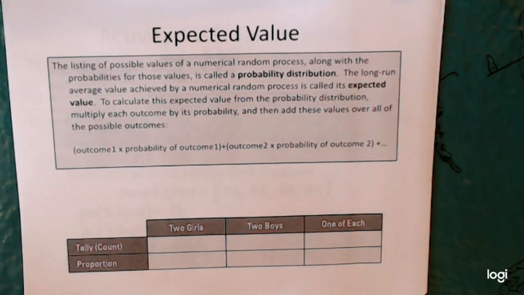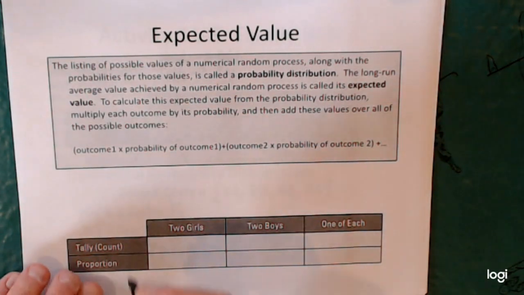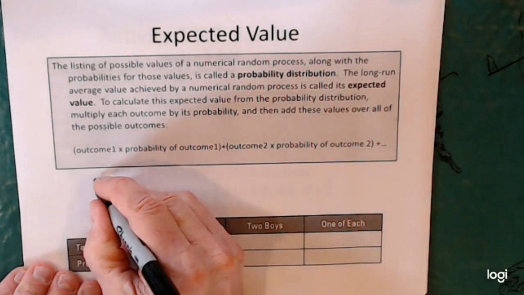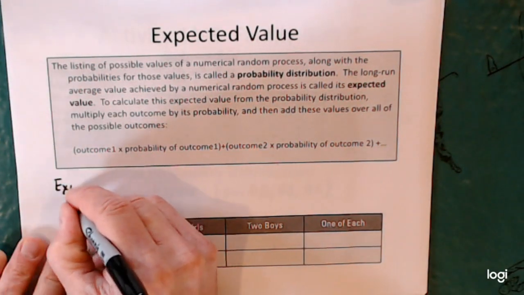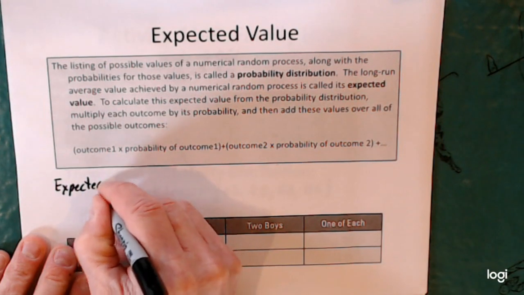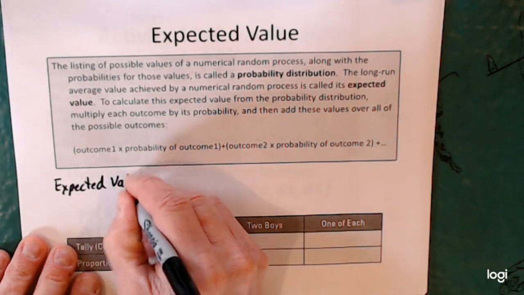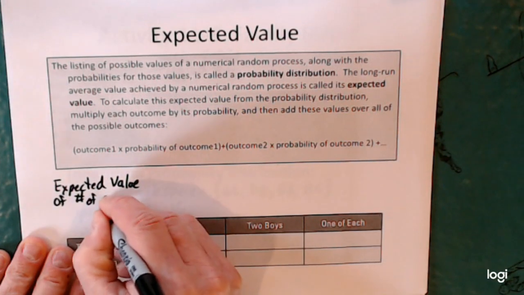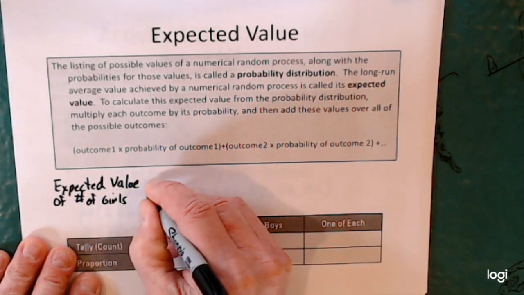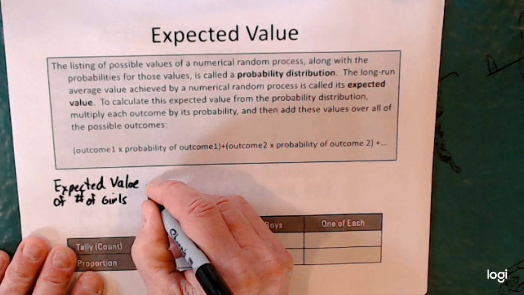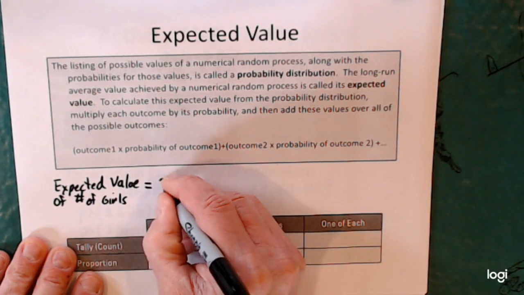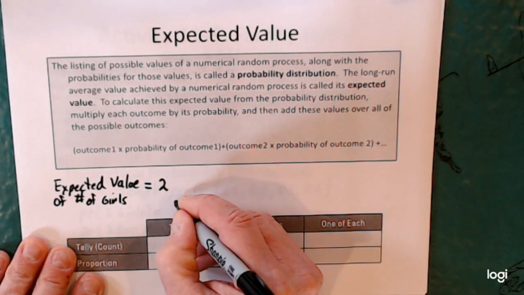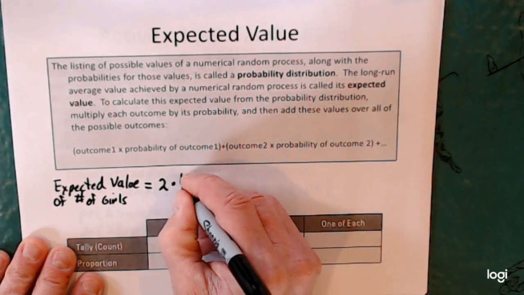So we have to phrase this carefully. Okay, so one outcome is to have 2 girls. So we'll say expected value of number of girls. Okay, one possibility is to have 2 girls. Okay, how often does that happen? Okay, it happens 1/4 of the time.